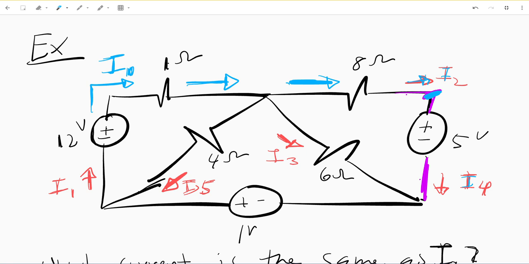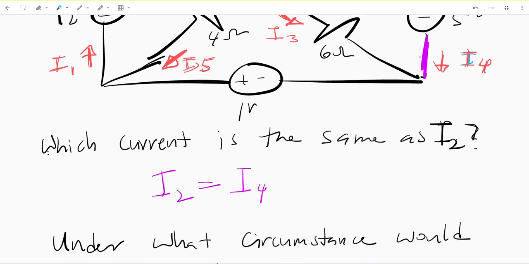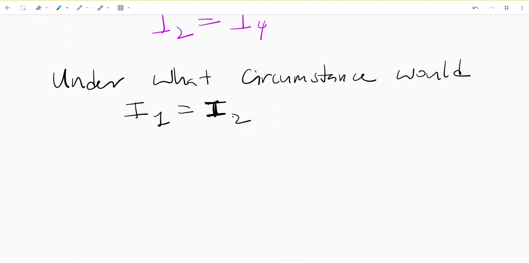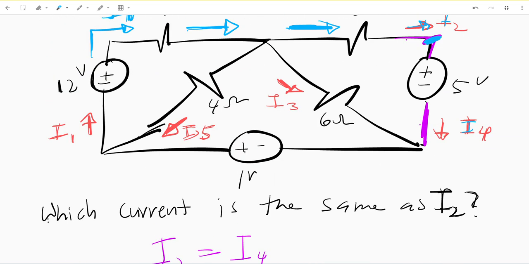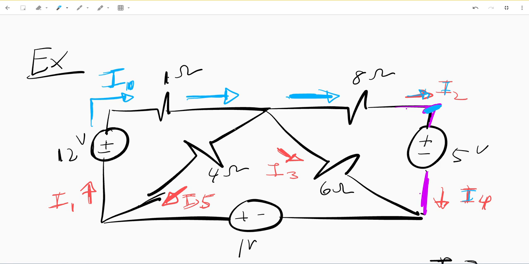This happens only if I3 plus I5 is equal to 0. So that means that if no current flows through here and no current flows through here, all my current will be flowing through here, causing I1 to equal I2.